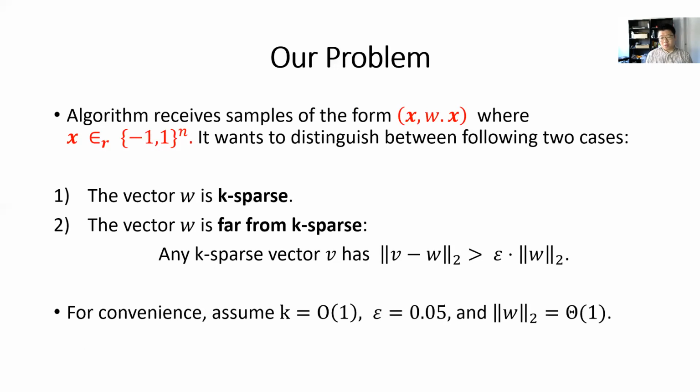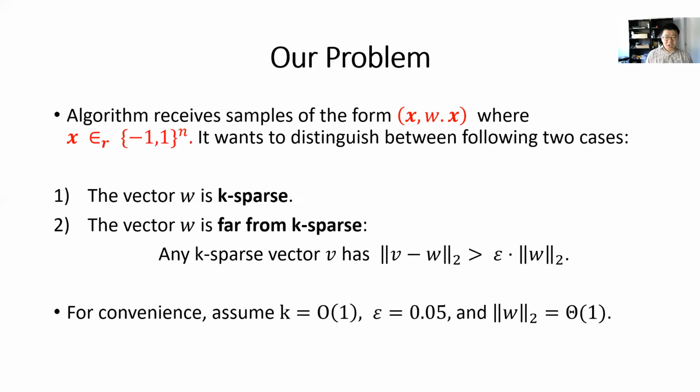But our algorithm, you will see later, will be very robust and can handle all the definitions of distance. Another thing I want to say is that for convenience, let us assume the sparsity k is a constant like 5 or 10. The error epsilon is a small constant like 5%, and the L2 norm of w is a constant, say between 1 and 2 in this talk.